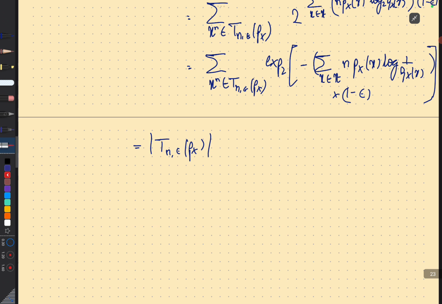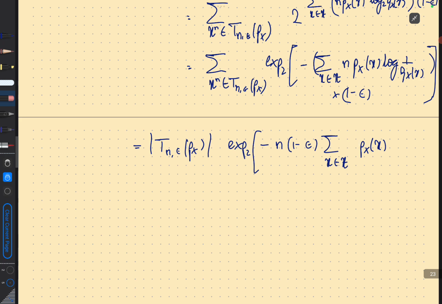So it's a summation of 1s over all x^n in T_n^epsilon(p_X), which is the size of T_n^epsilon(p_X), times 2 raised to minus n times 1 minus epsilon, sum over all possible x, sorry, there's no n, p(x) log 1 over q(x).